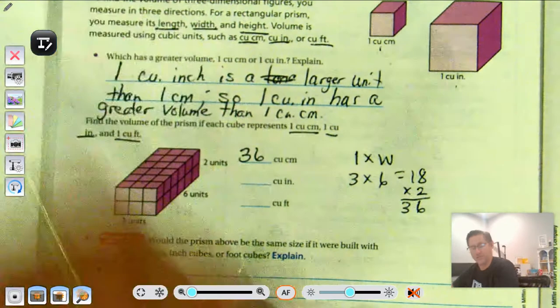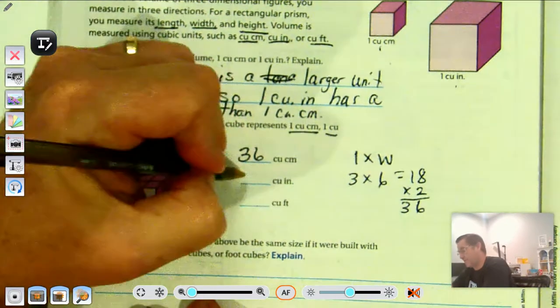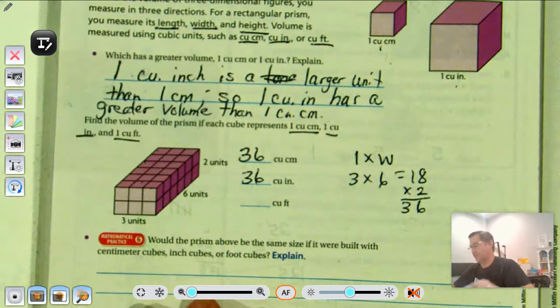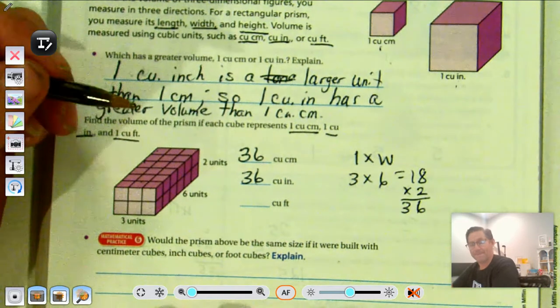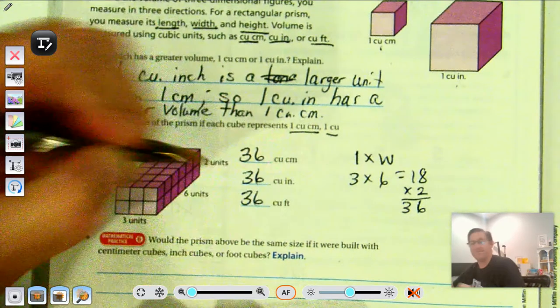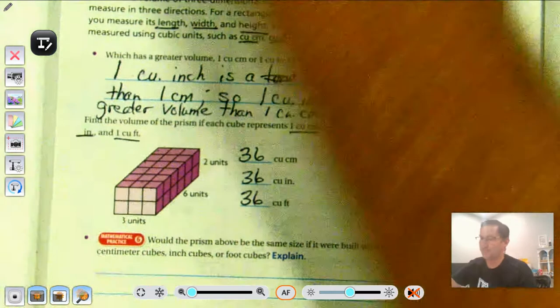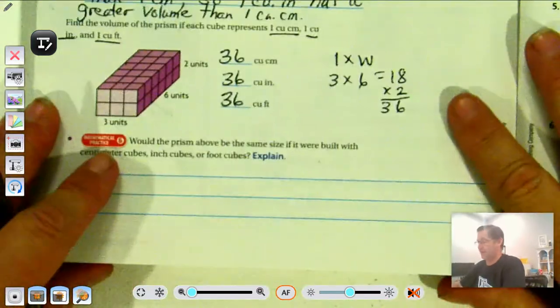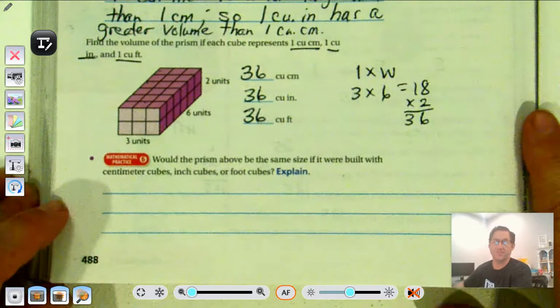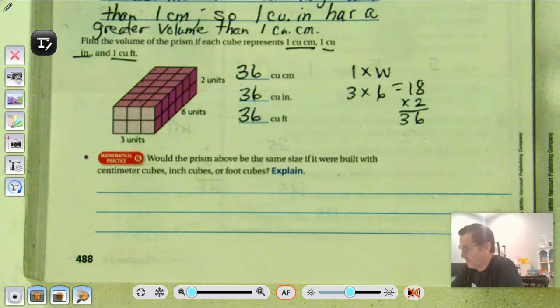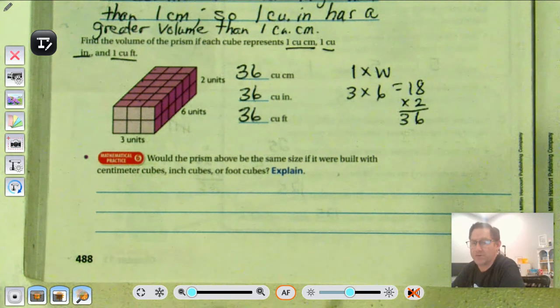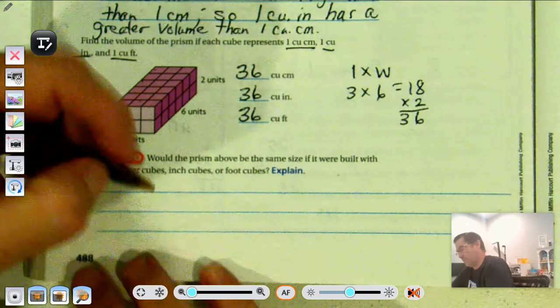So there's 36 cubic centimeters, 36 cubic inches, and 36 cubic feet. Again, the numbers didn't change, just the unit measurement. Okay, so would the prism above be the same size if it were built with centimeter cubes, inch cubes, or foot cubes? No, the units aren't the same.